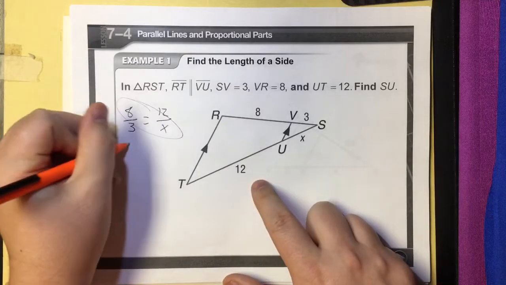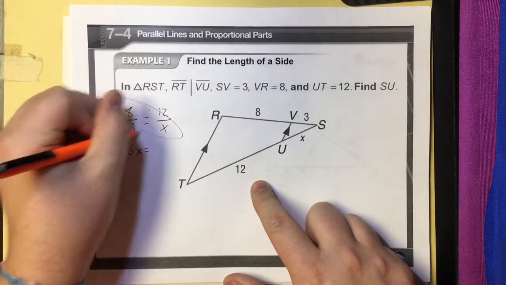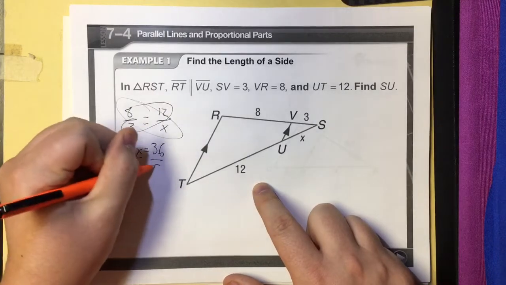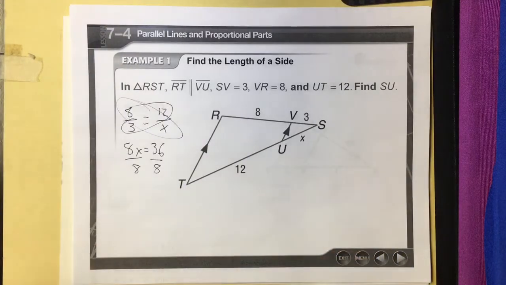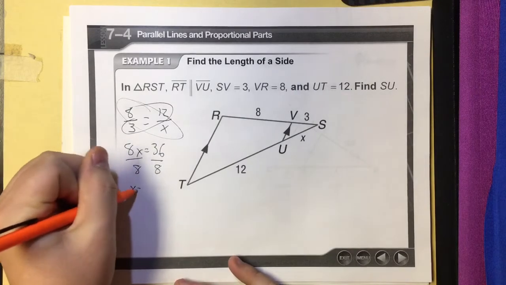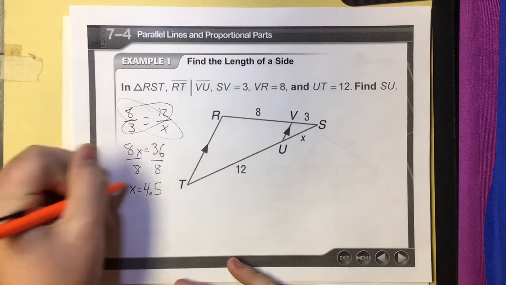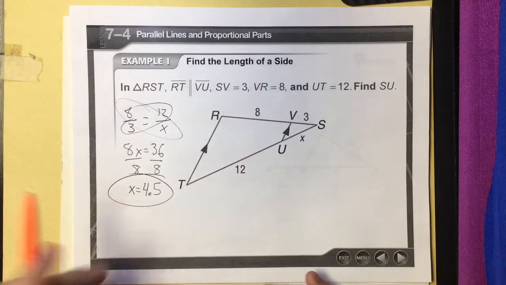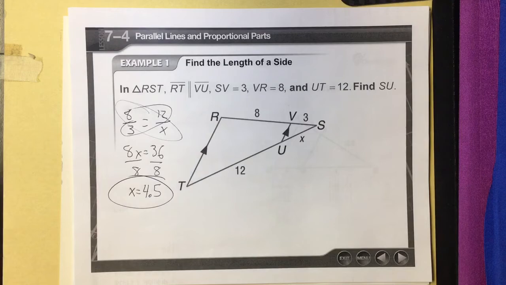Cross multiply, 8x equals 36. Divide both sides by 8. We do 36 divided by 8, we get 4.5. It asks for SU. SU is labeled x. So we're done.